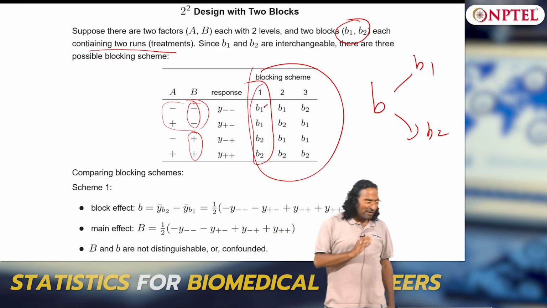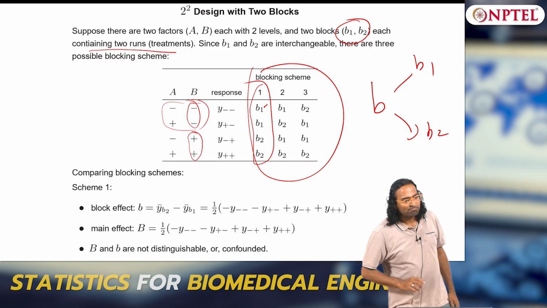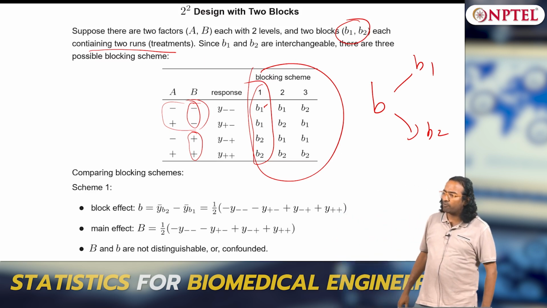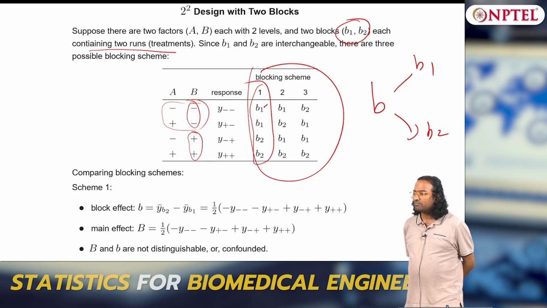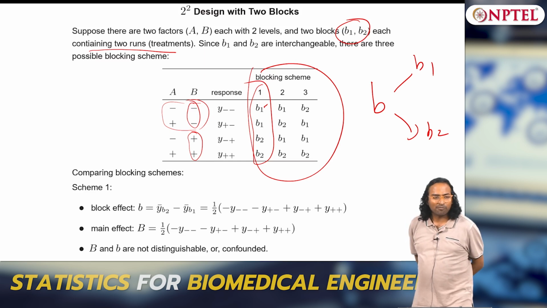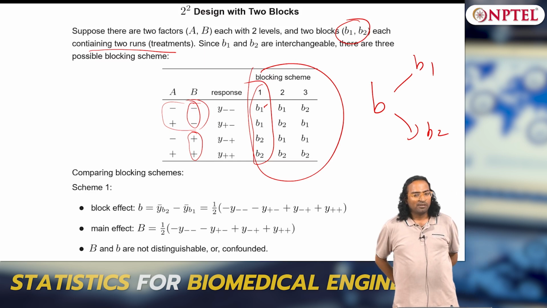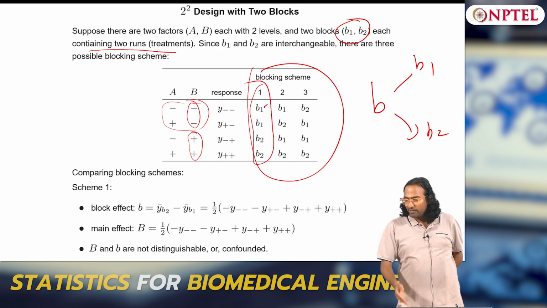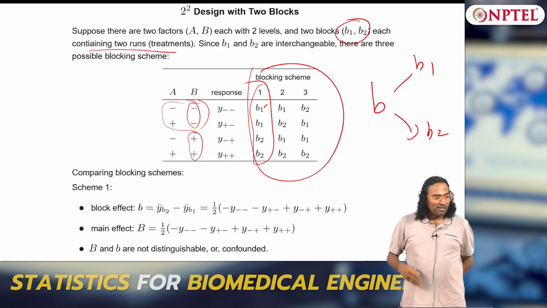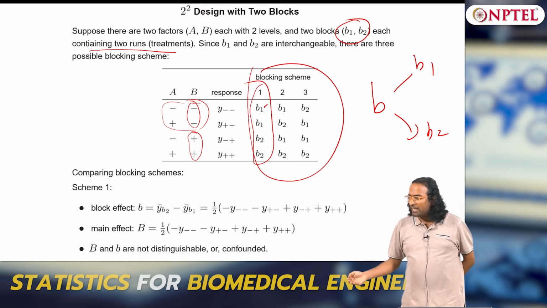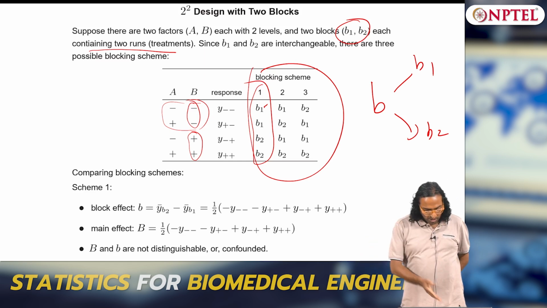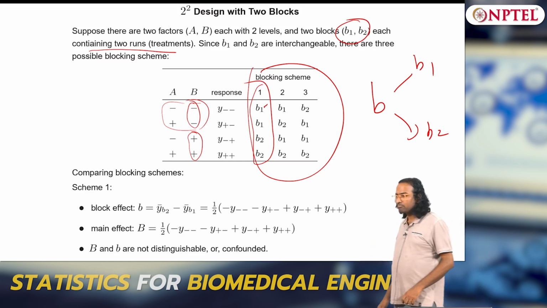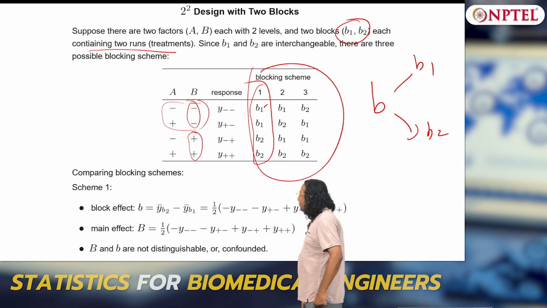Now can you compute the effect of block? How do you compute the effect of block for scheme 1? When B is positive and B is negative. I said B itself is divided into B2 and B1. So when it is at B2 minus B1, what is B2 minus B1? In the first column, B2 minus B1 is what?